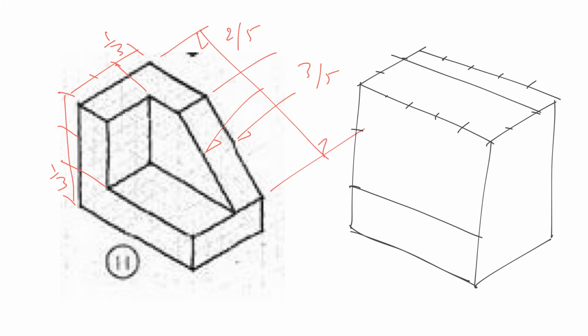So you have your 2/5 here and your 3/5 there. And over here we have our 1/3. So 1, 2, in your vertical lines. And then you have your 1/3 here. Your 1, 2.